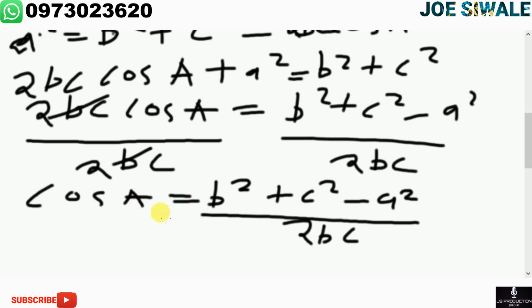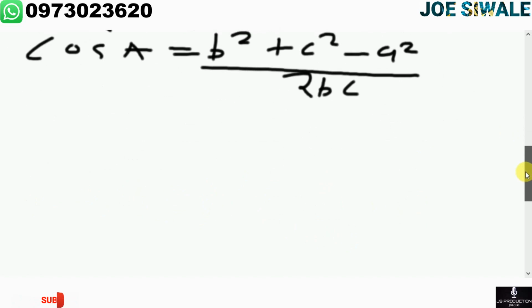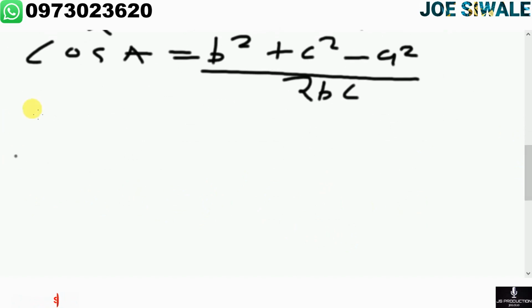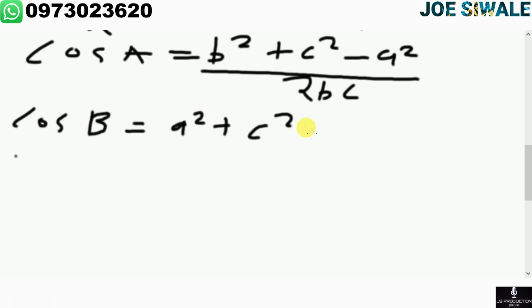What if we are calculating the angle at B? Then cos b is equal to, in this case, a squared plus c squared minus b squared divided by 2ac.